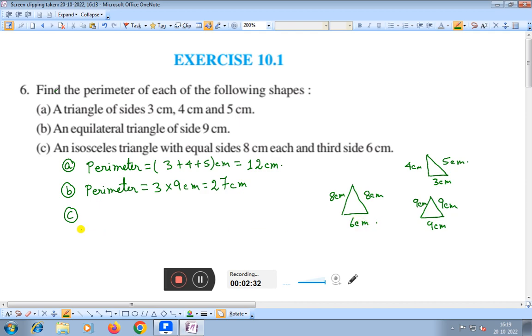That means perimeter of the third triangle is equal to sum of all the sides, that is 8 plus 8 plus 6 centimeter, that is equal to 8 plus 8 is 16, 16 plus 6 is 22 centimeter.